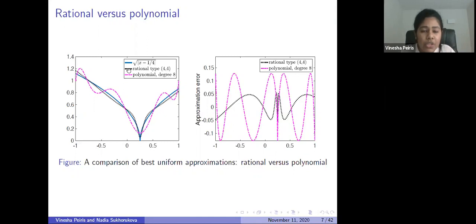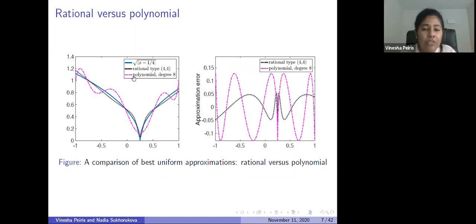The black function is the rational type 4, which means we approximate this function using a ratio of two polynomials, where the degree of the numerator is 4 and the degree of the denominator is 4. So altogether, we have 4 plus 1 parameters coming from the numerator and 4 parameters coming from the denominator. So the dimension is 9.